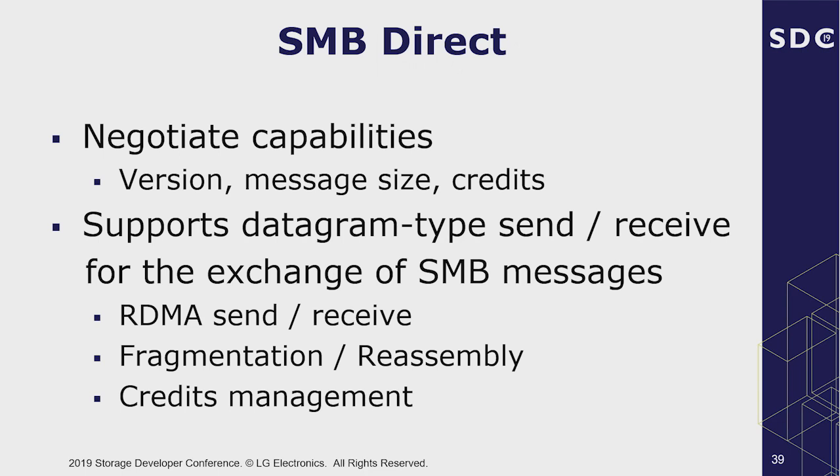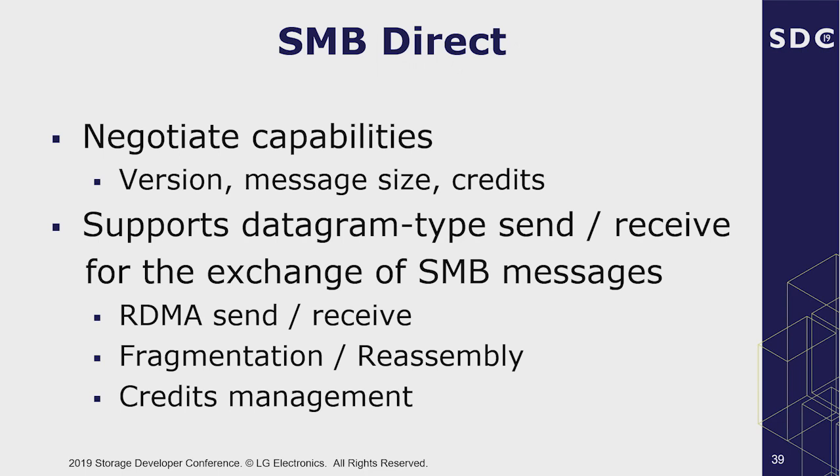SMB Direct uses RDMA send-receive operations per SMB exchange, which is a datagram type send-receive, and before a sender sends an SMB Direct message, a receiver has to pre-post receive buffers.